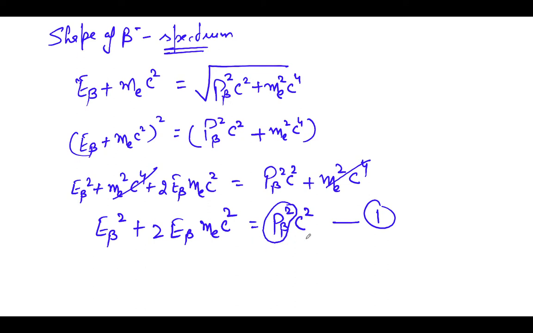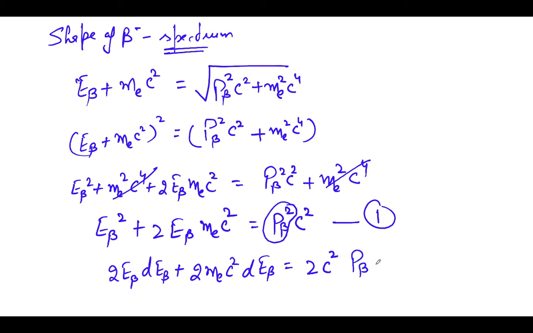So if we differentiate equation number 1 with respect to p_β, what we get is 2 E_β dE_β plus 2 m_e c² dE_β, which is equal to 2 c² p_β dp_β.